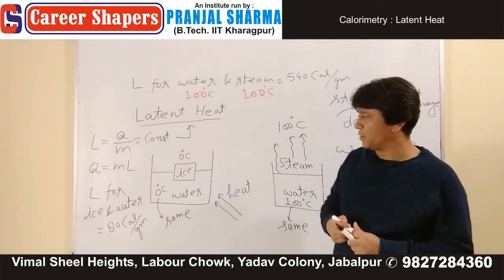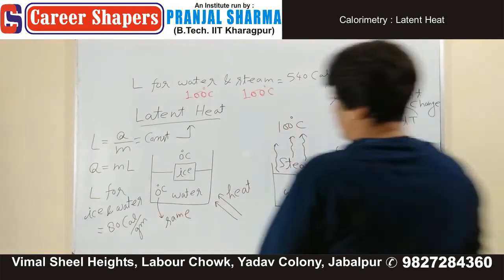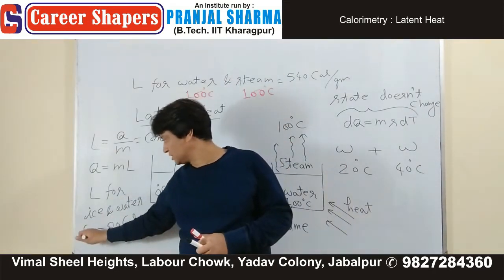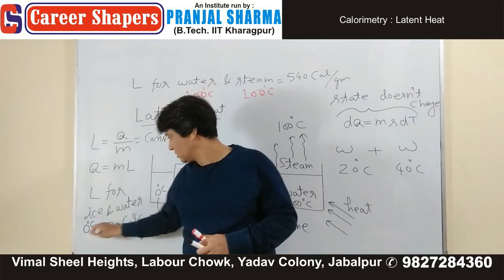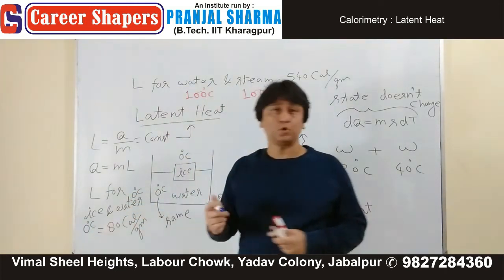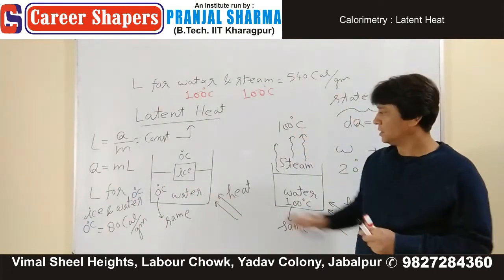And similarly, when you go for ice and water, latent heat for ice and water, your temperature is 0 for ice, and for water again it's 0. There is no change in the temperature. Do mention like this.